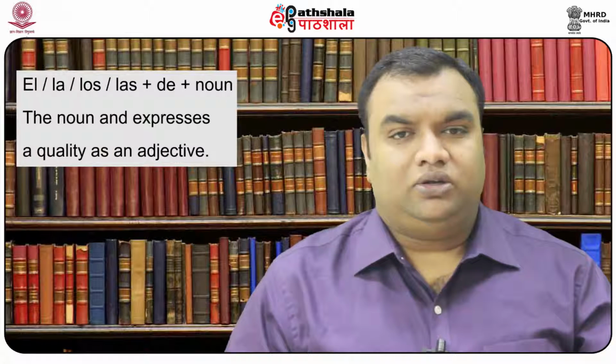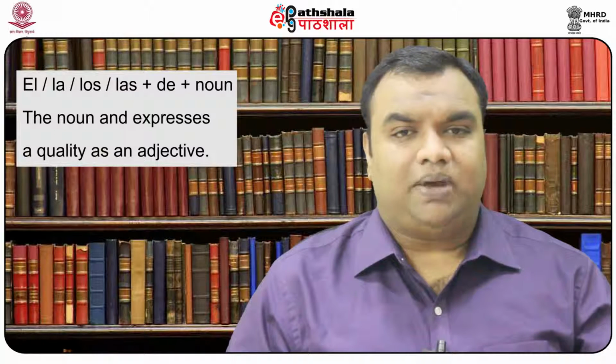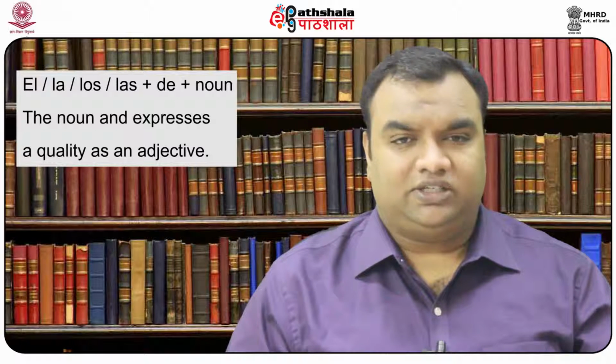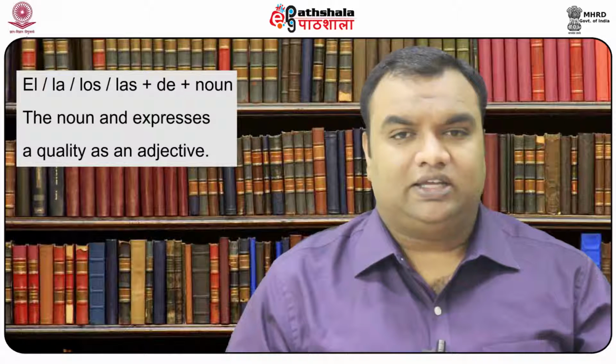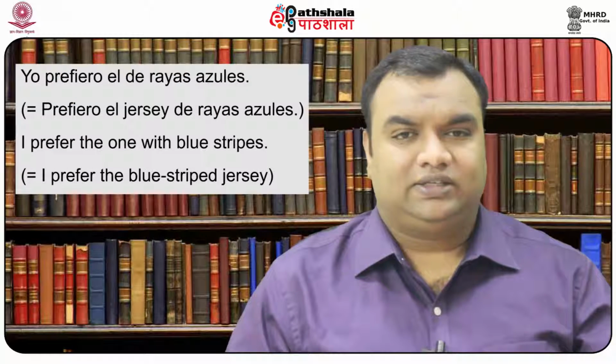El, la, los, las plus de plus noun has a parallel value like that of the previous section. In this case, the noun complements and expresses a quality of an adjective. For example, yo prefiero el de rayas azules.